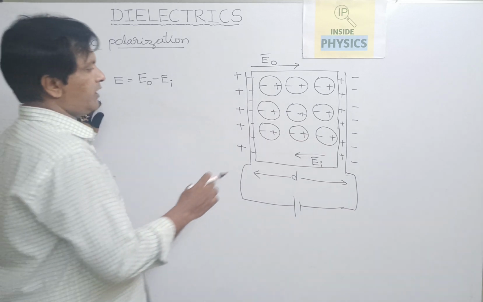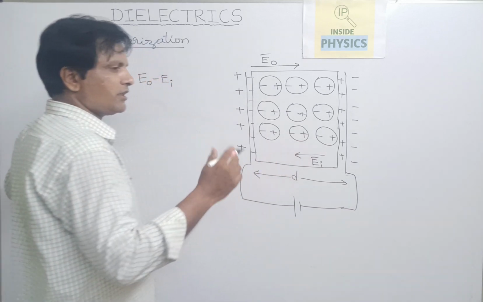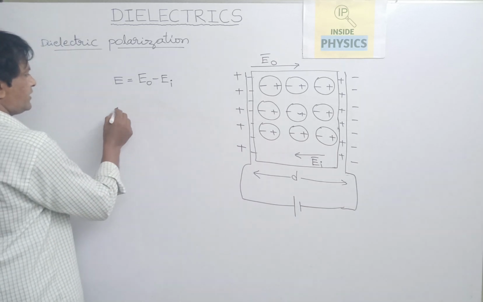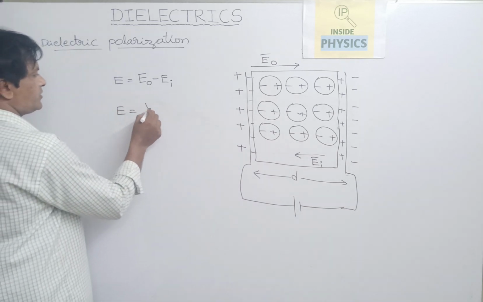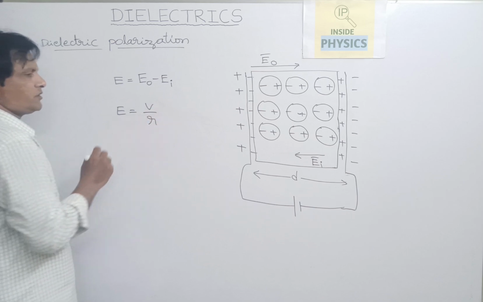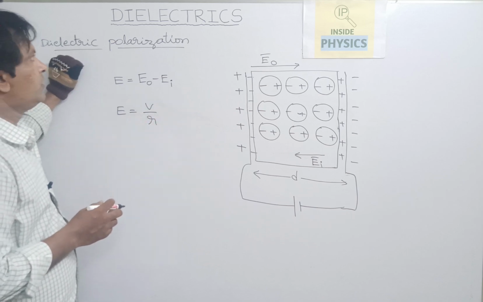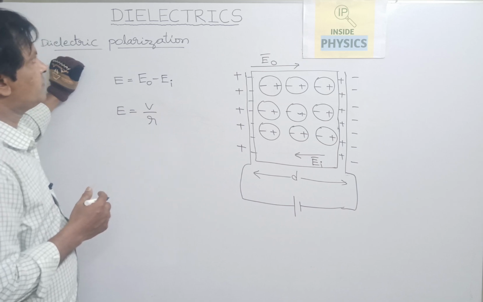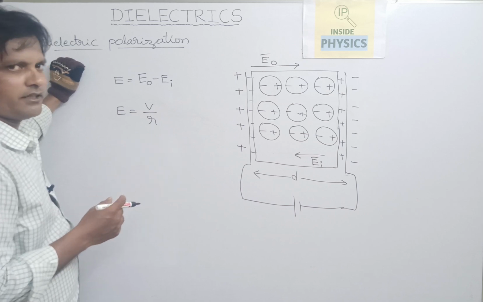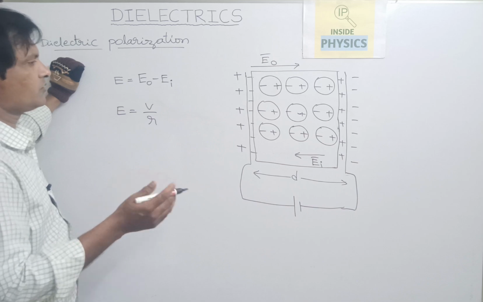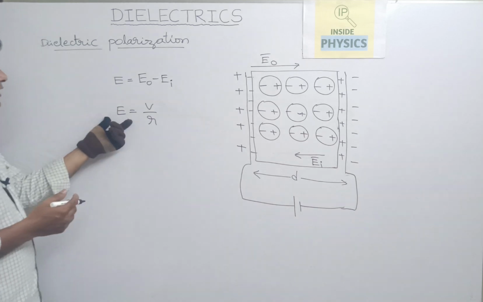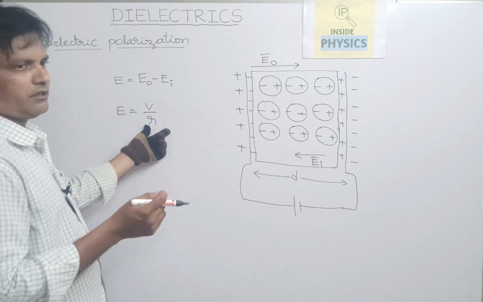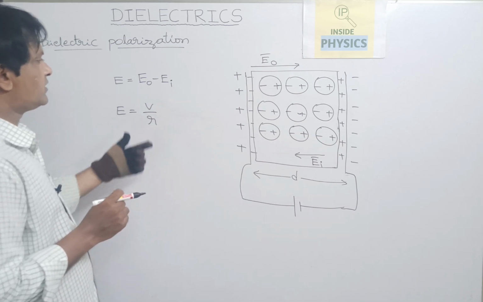So what will happen between the plates? The electric potential is also reduced. Why? The electric field is related to potential with this relation. We already know this from the lesson of electric charges and fields, which is studied in class 11 or class 12. So the electric field due to some charge is related to the potential due to that charge with this relation.